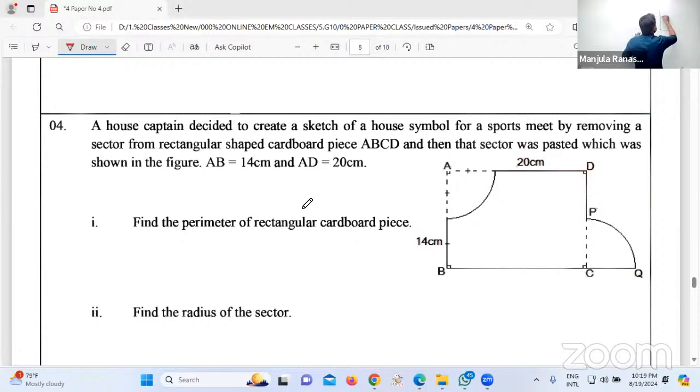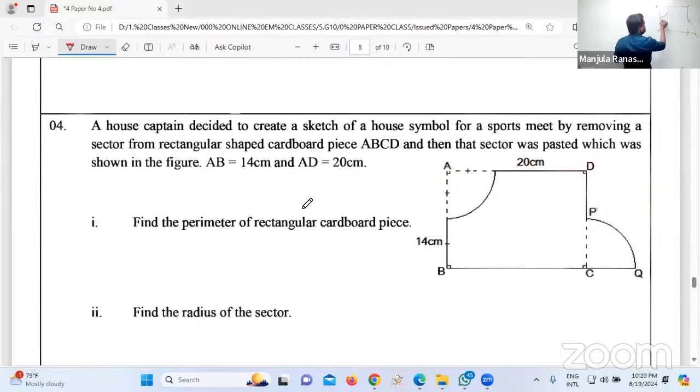Now you can see that is the sector part, and here it comes. Okay, so this is the sketch. So here 20 centimeter, A, B, C, D, and here PQ.